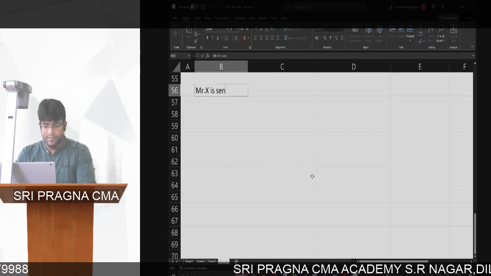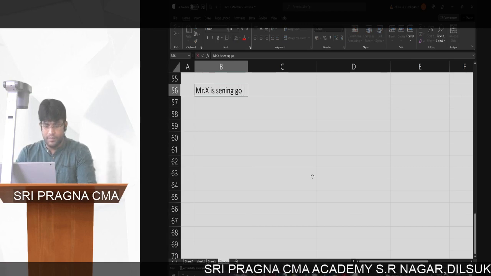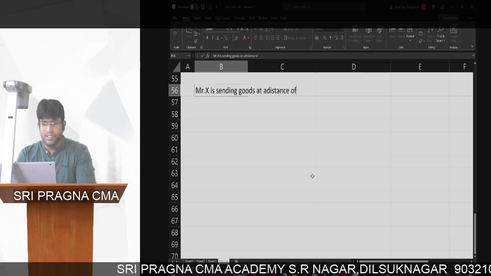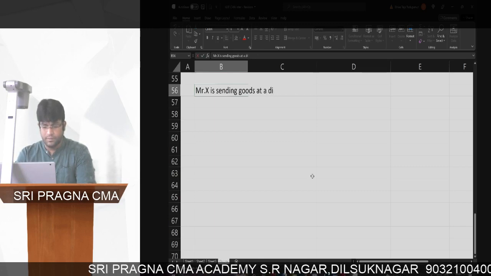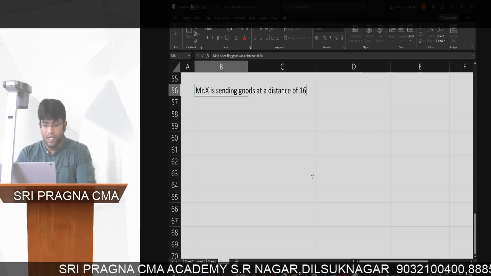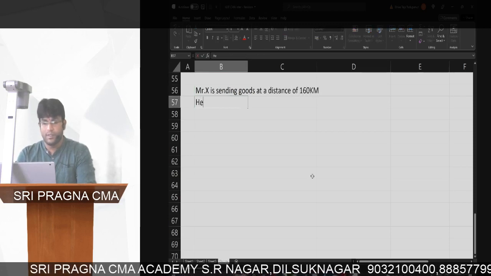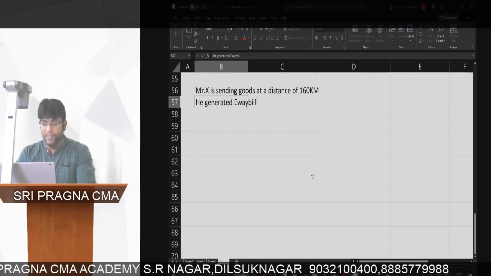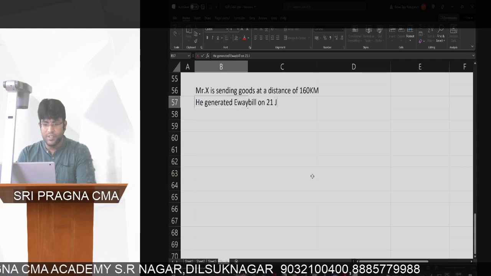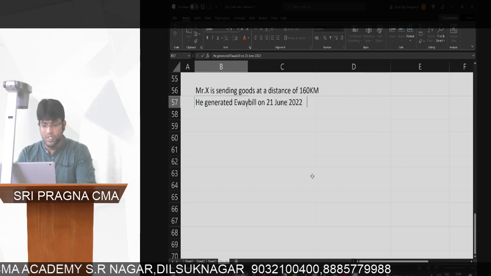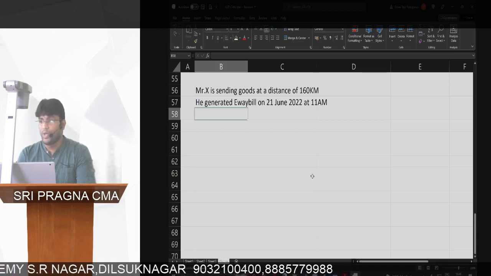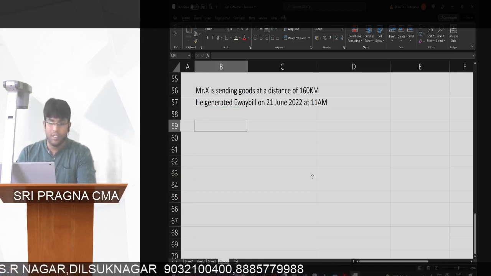One person, Mr. X, is sending goods at a distance of 160 kilometers. And he generated the e-way bill on 21st June 2022 at 11 a.m. Okay guys, so speak out.